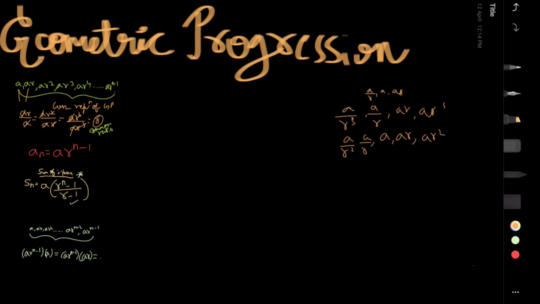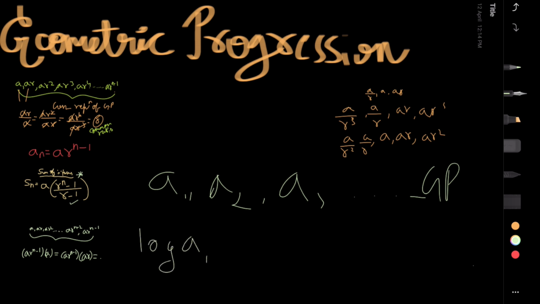Okay, that was that thing. Now if A1, A2, A3 and so on are in GP, then if I apply log on them, log A1, log A2, log A3 will be in AP.